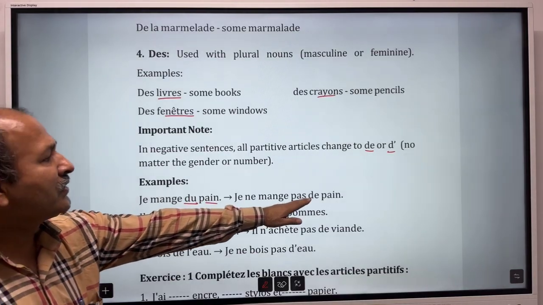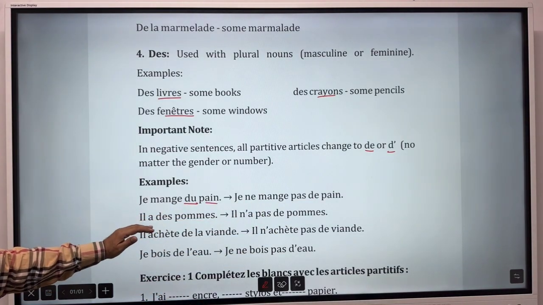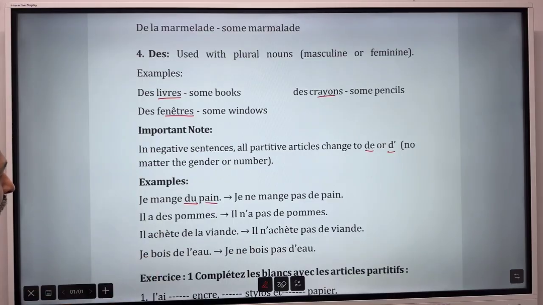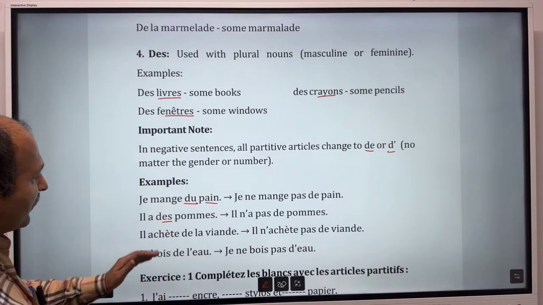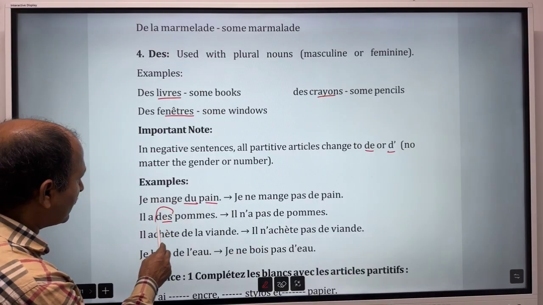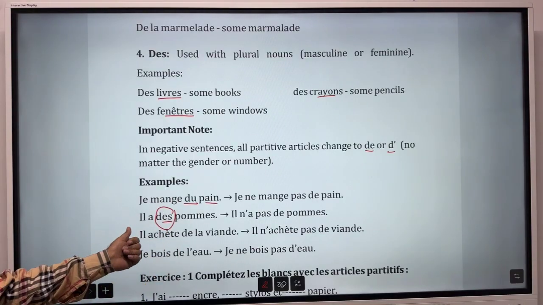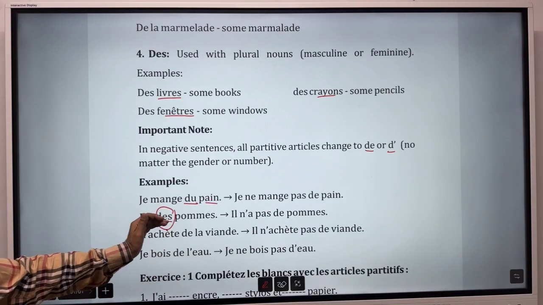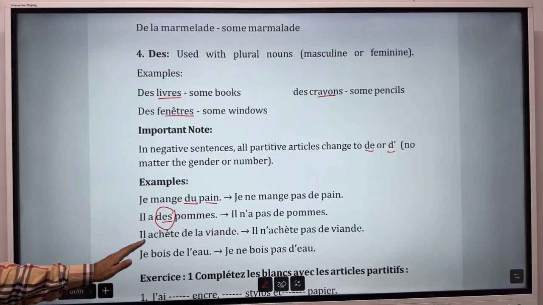Je ne mange pas de pain. Il a des pommes. Des, this is plural, but here our concern is to change des, so it will become il n'a pas de pommes.